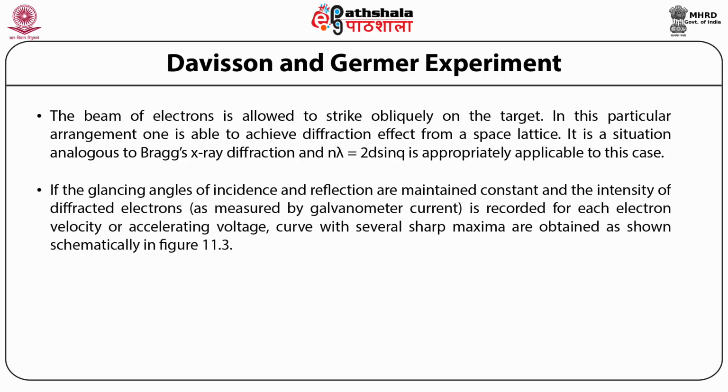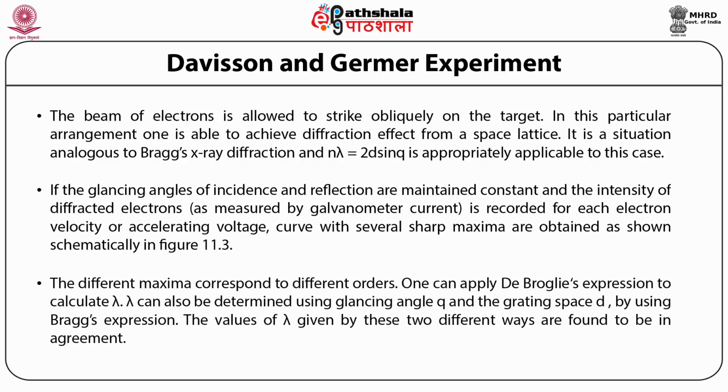If the glancing angles of incidence and reflection are maintained constant, and the intensity of diffracted electrons, as measured by galvanometer current, is recorded for each electron velocity or accelerating voltage, a curve with several sharp maxima is obtained, as shown schematically in figure 11.3.